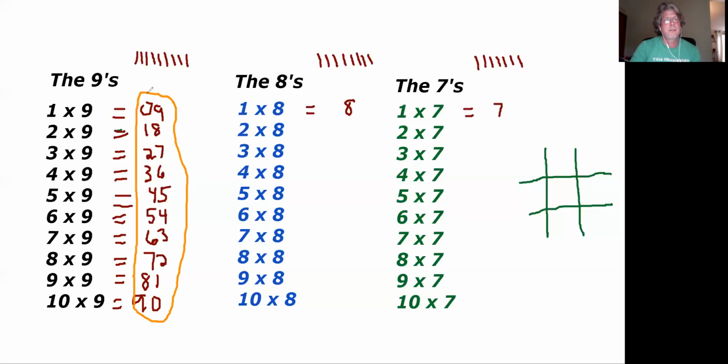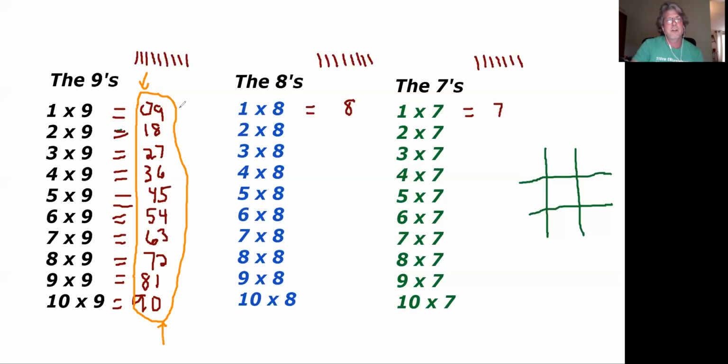Notice how the first column goes 0, 1, 2, 3, 4, 5, 6, 7, 8, 9. And then the second column goes back up 0, 1, 2, 3, 4, 5, 6, 7, 8, 9. So if you can count from 0 to 9 down, and then count from 0 to 9 back up, what that creates is some of the 9 facts.